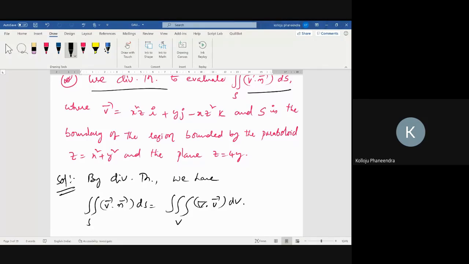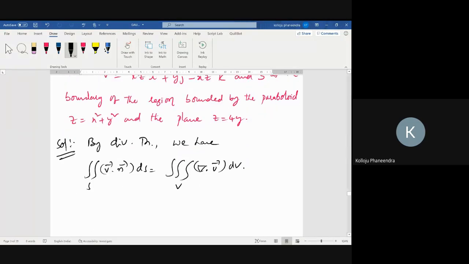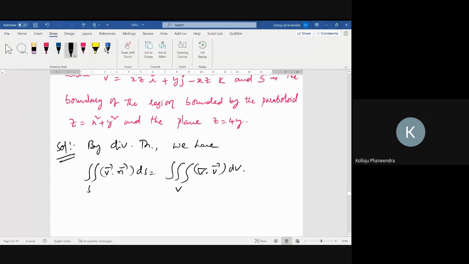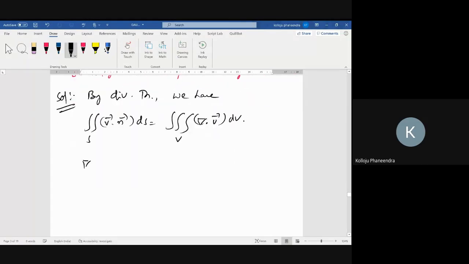Del dot v bar is the partial derivative with respect to x of the i component, plus the partial derivative with respect to y of the j component, plus the partial derivative with respect to z of minus x z square, dv.